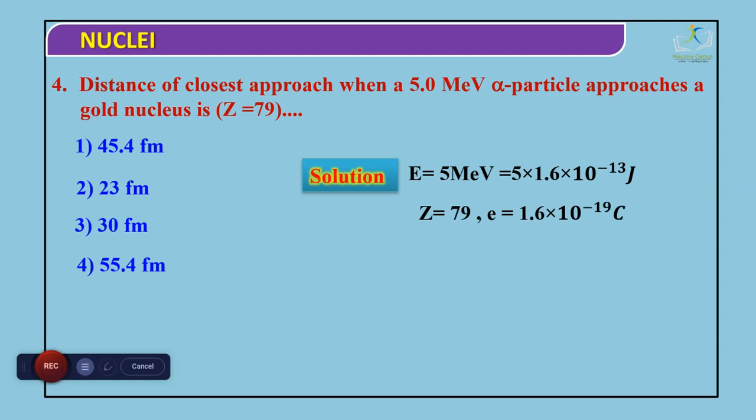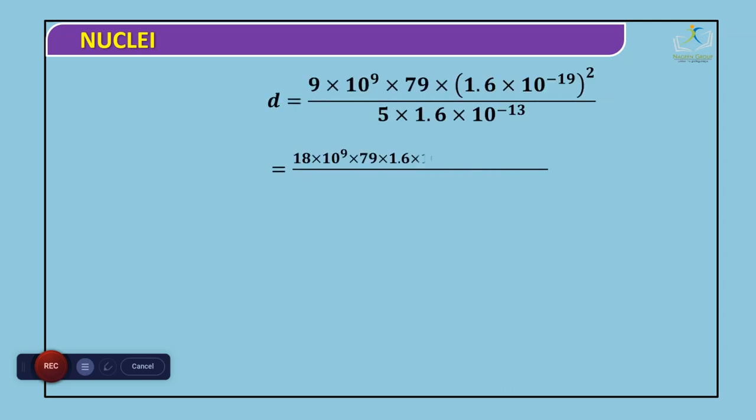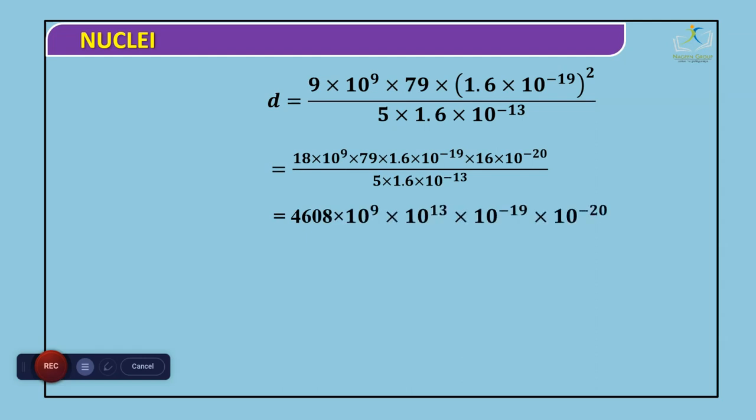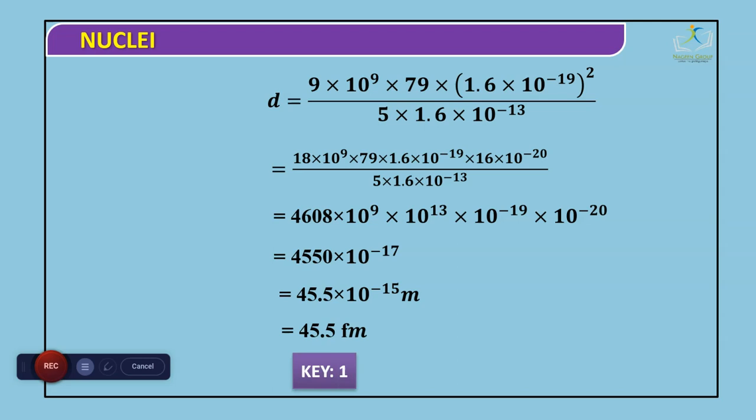Now Z is equal to 79 is given, and e is equal to 1.6 × 10^-19. Put all these values here: E is equal to 2Ze square by 4 pi epsilon naught D. After a little bit of calculation, we get our main result, which is 45.5 fermimeter. According to this, the correct option is option 1.